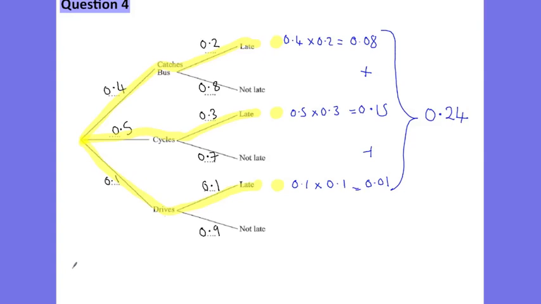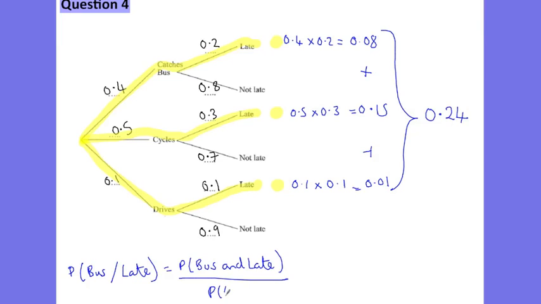This is conditional probability. We're looking for the probability she got the bus given she was late, which is equal to the probability of bus and late, all divided by the probability of late.